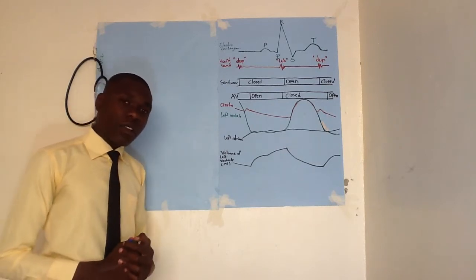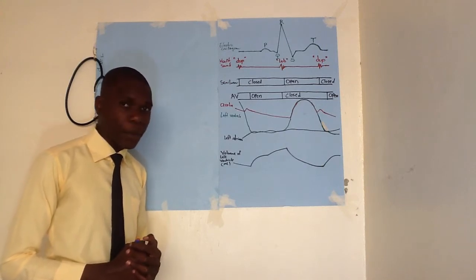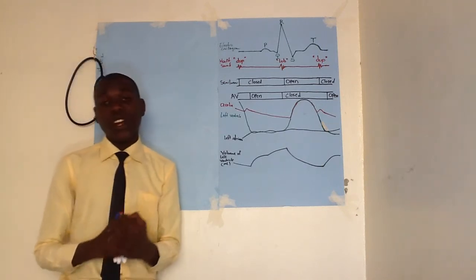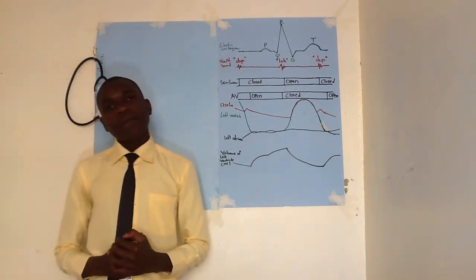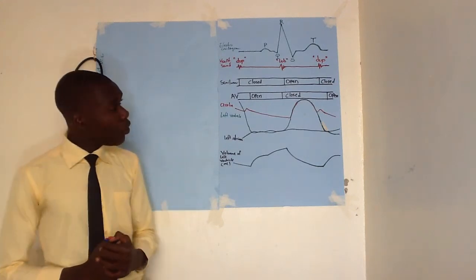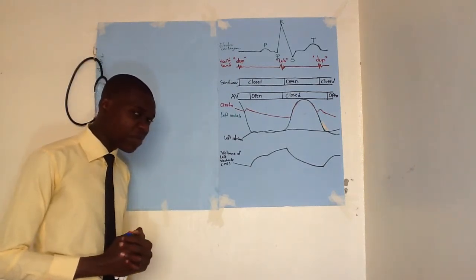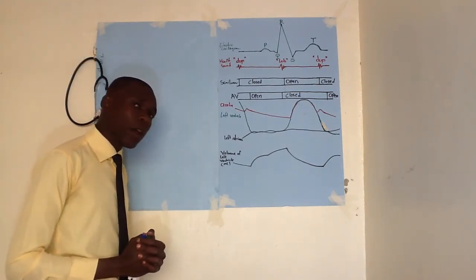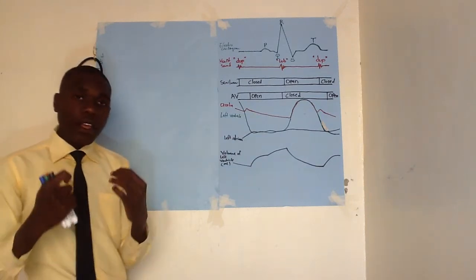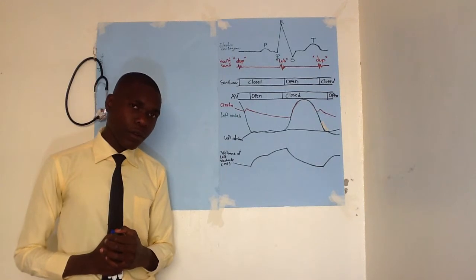Now, the heart is also connected to the sympathetic nervous system, which actually increases the rate of heartbeat. The sympathetic nervous system has a link to the sinoatrial node, the SA node, and to the AV node, the atrioventricular node.